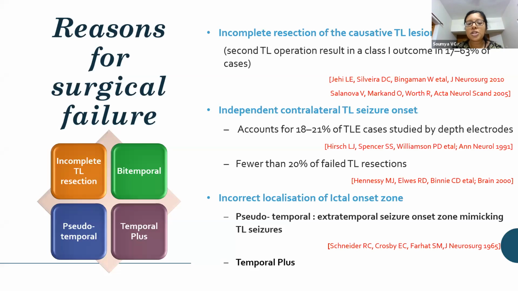And the third and most important cause is incorrect localization of the ictal onset zone, under which come pseudotemporal epilepsy and temporal plus epilepsies. I will be dealing with temporal plus epilepsies, and Dr. Shalini will be talking about pseudotemporal epilepsies.